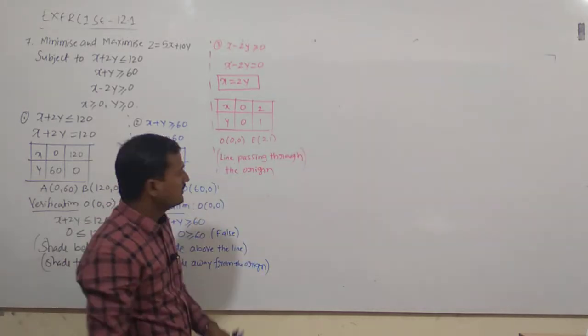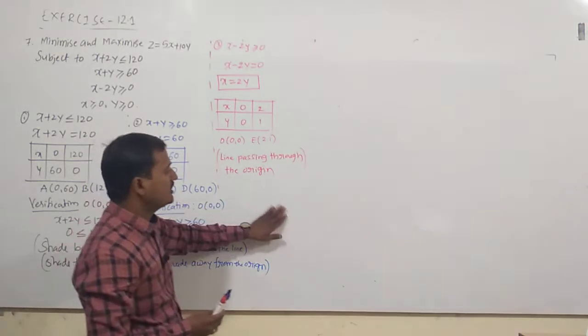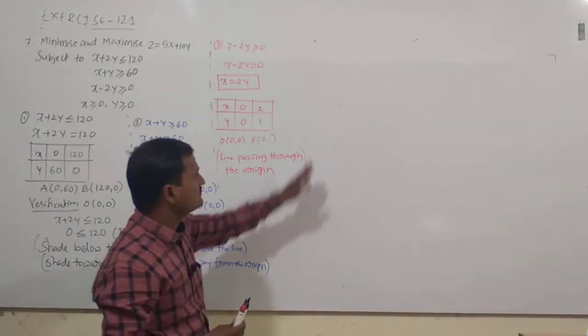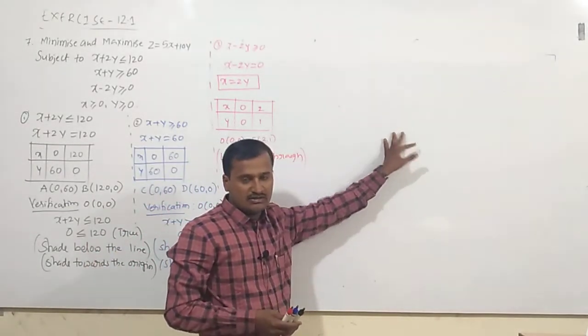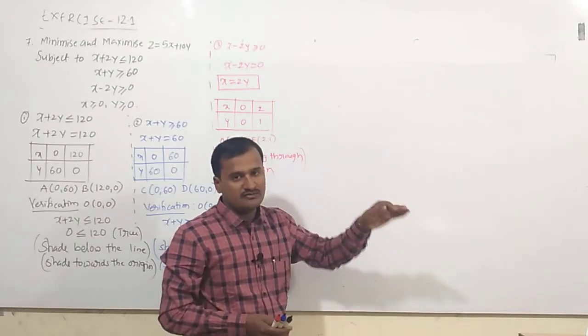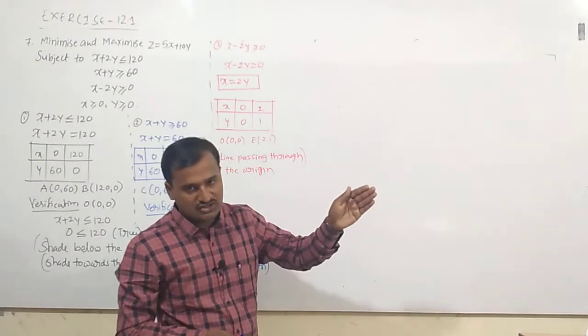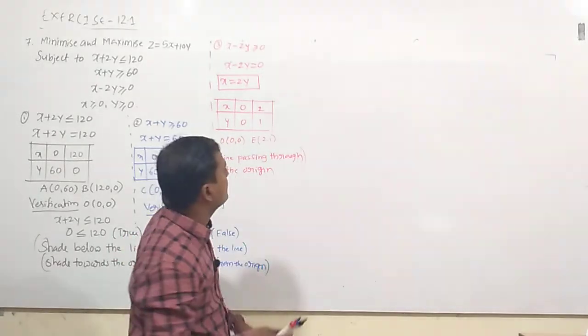Now we have to go for verification, whether we have to shade above the line or below the line. For that, first we will draw the graph, and in the graph we will take the coordinates of a point which lies above or below, and check. If it is true, we shade below the line. If it is false, then we shade above the line.